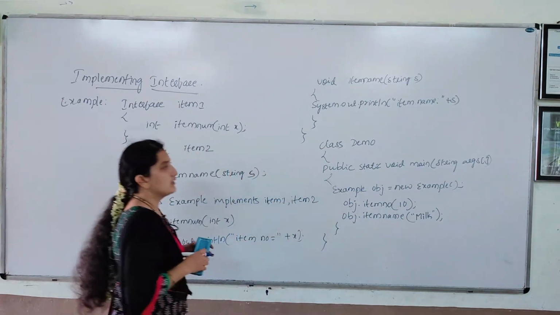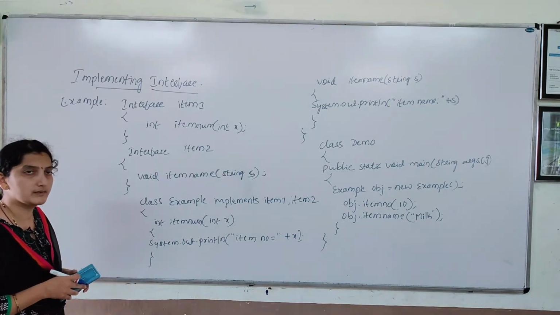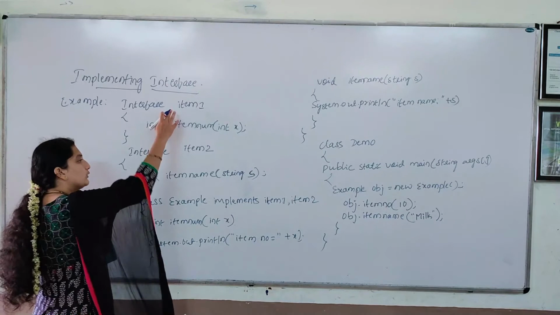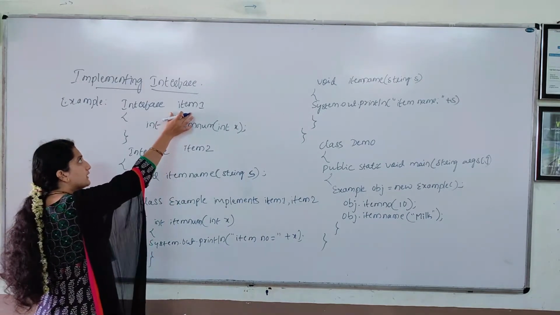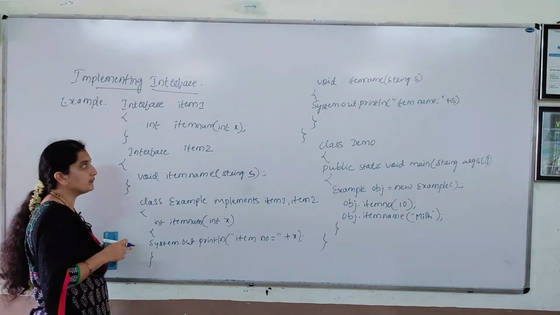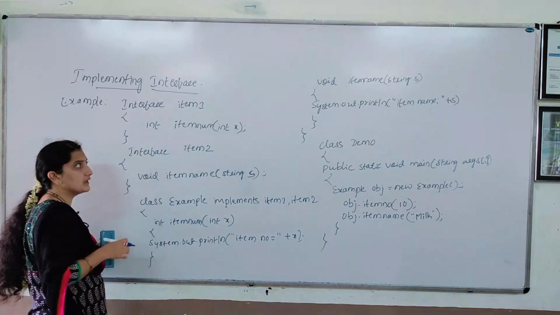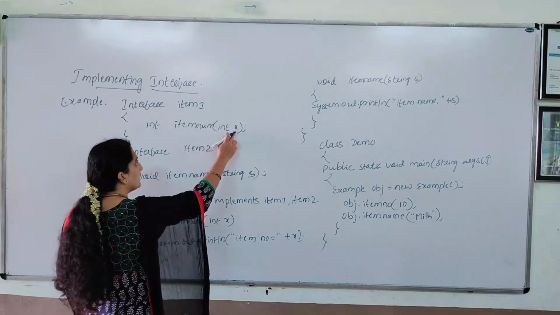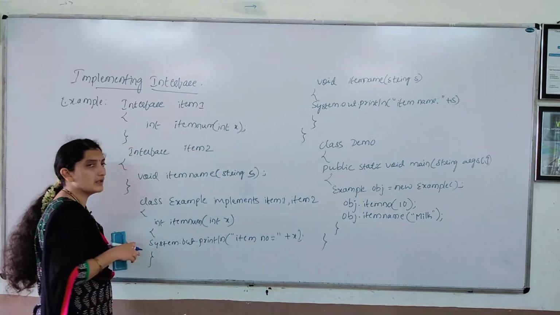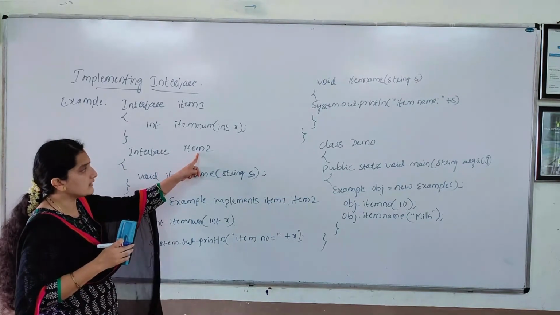Okay. This is an example for implementing interfaces in a class. I have created two interfaces. In the first interface, Item1, I have declared one method, item number, which is of type integer, and I am passing one argument, x, which is of type integer. And one more interface I have defined here, that is Item2.